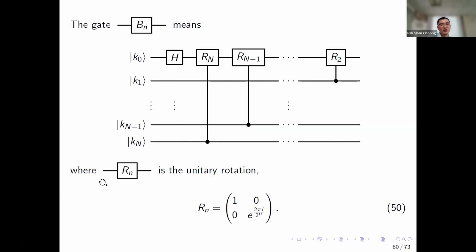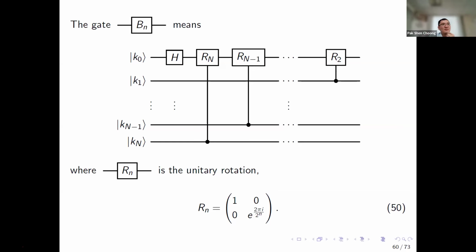Rn is basically a unitary rotation given by this particular equation. Don't worry about all the complicated stuff, I have one example in here. For now, just remember, roughly speaking, this kind of structure, whereby you have a Hadamard gate and then all the control rotation gates. I'll give you the slides later if you don't want to copy.